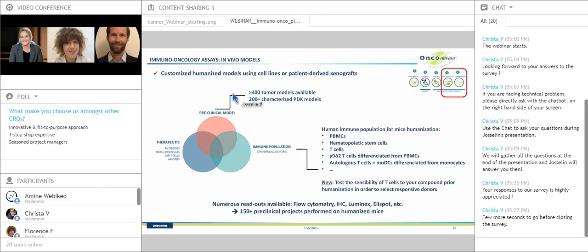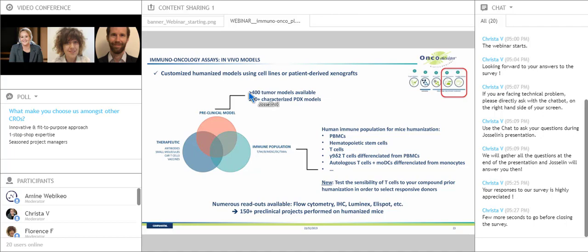We can also propose humanized models. Those are more customized, and for those we can use either human tumor cell lines or patient-derived xenografts. The challenge of finding a good balance between the therapeutic preclinical model and the human population remains the same, except that you have a broader choice of models available.